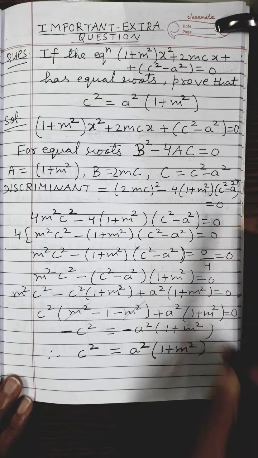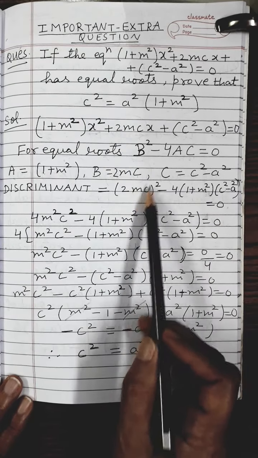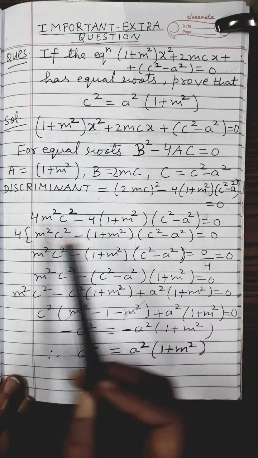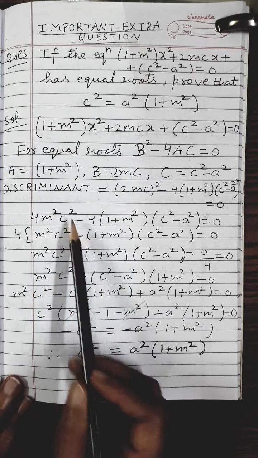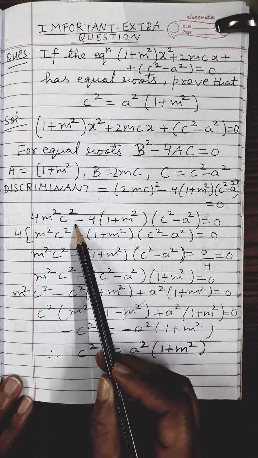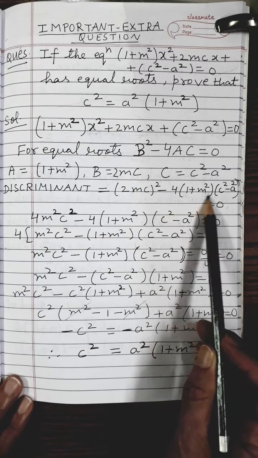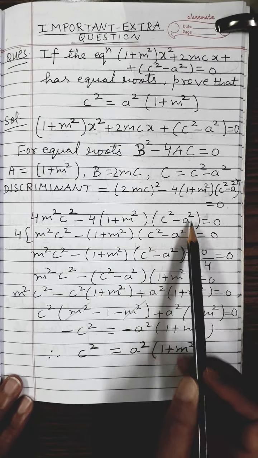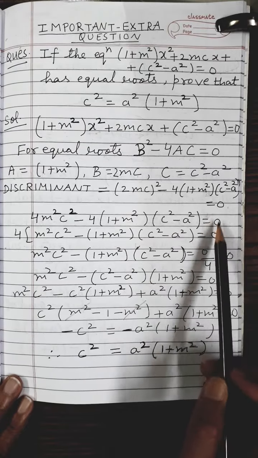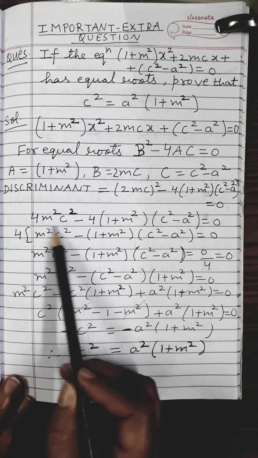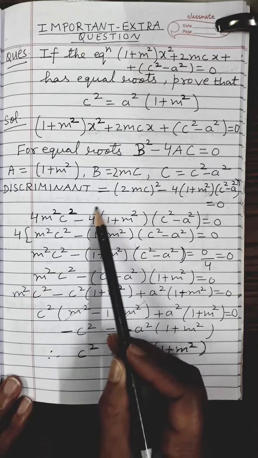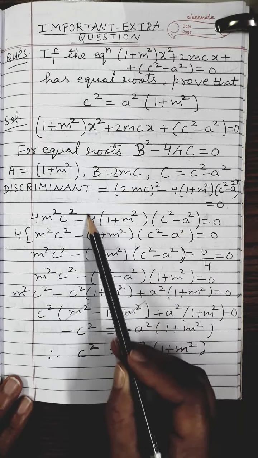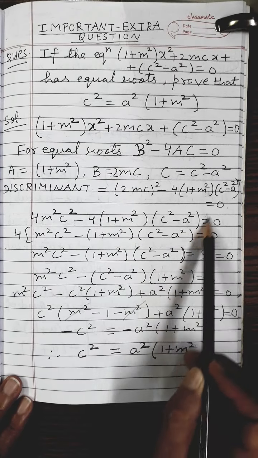Now next step, (2mc)² gives you 4m²c², minus the product of three terms, 4(1 + m²)(c² − a²), which I write as it is, equals 0. This is the first term minus the product of three terms, which as a whole is the second term.